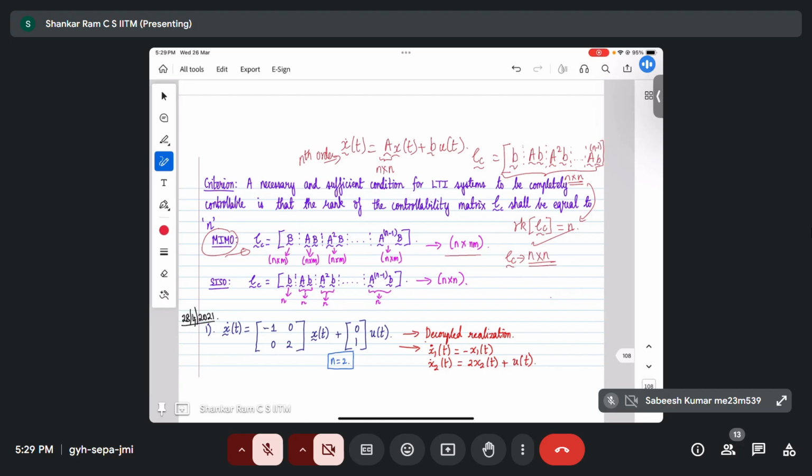Similarly, when we look at state space for stability of an equilibrium state, we looked at the eigenvalues of the state matrix and figured it out. Just like that, here also for controllability, we looked at the controllability matrix, and then we are writing a criteria. I hope it's clear.